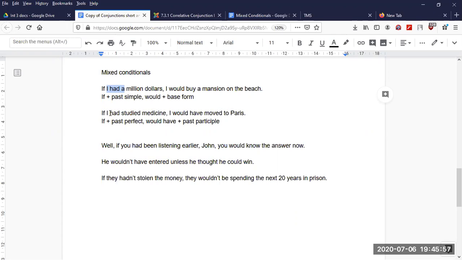If they hadn't stolen the money, this is from here, they wouldn't be spending the next 20 years in prison. That's from here. The imaginary situation in the present.